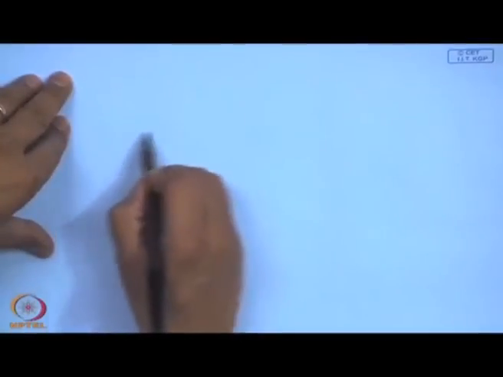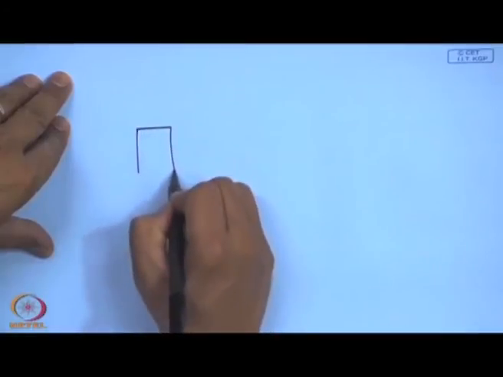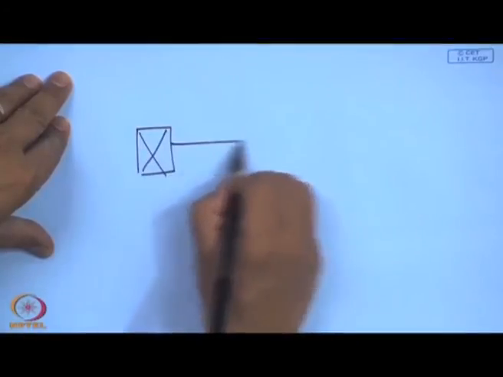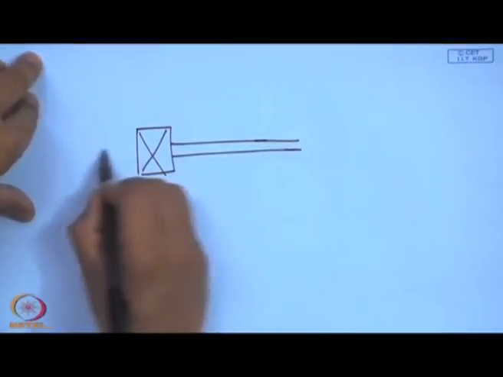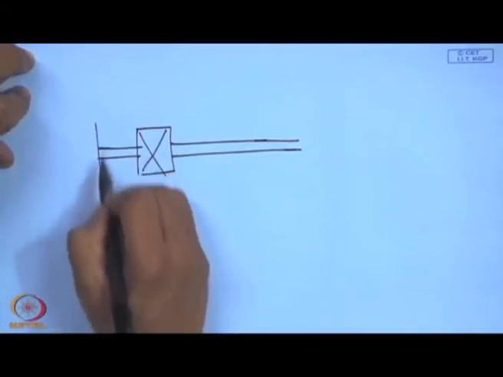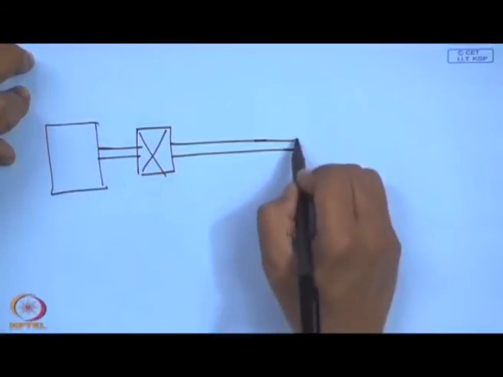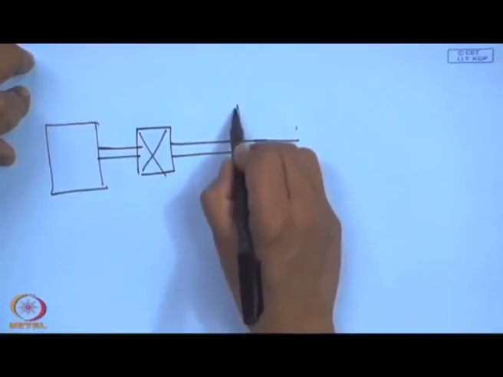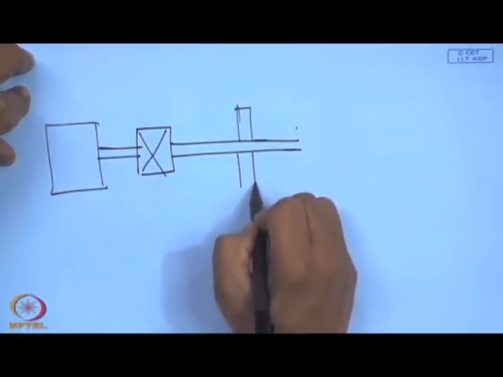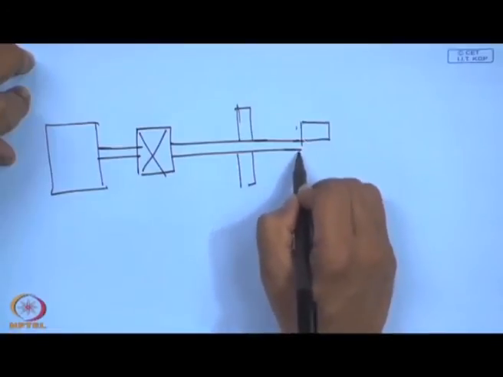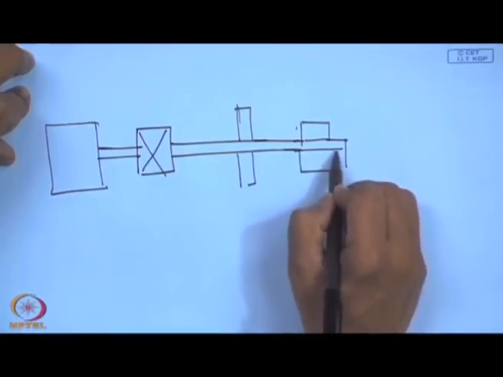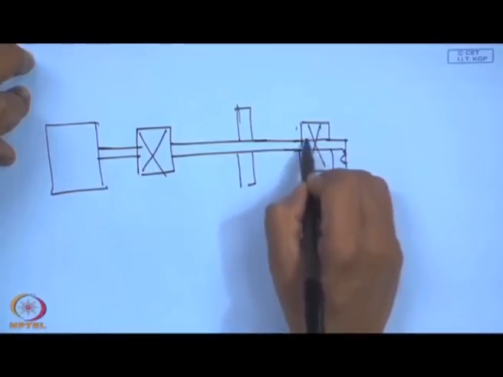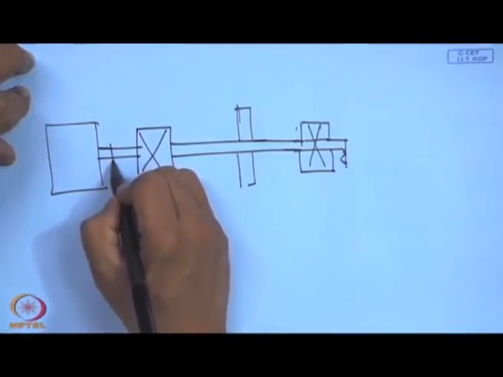For example, we have a bearing, maybe this is driven by a motor, and then I have a disc on the shaft, and then I have another bearing, and then there is a coupling between the motor and the shaft.